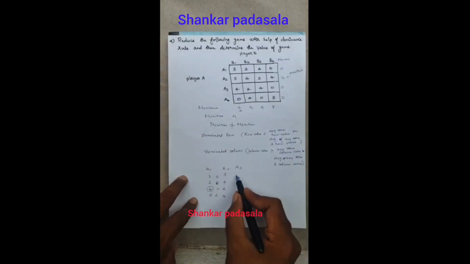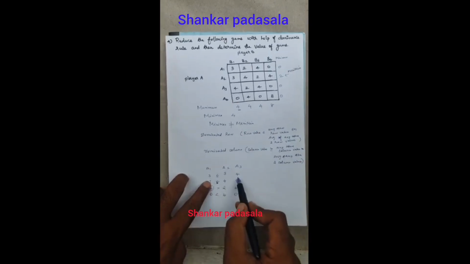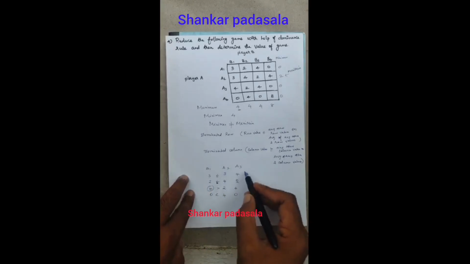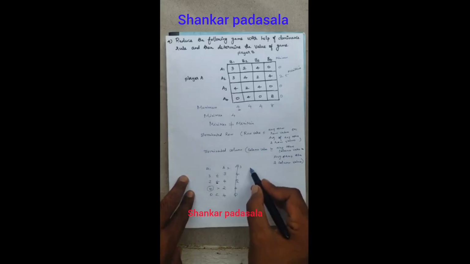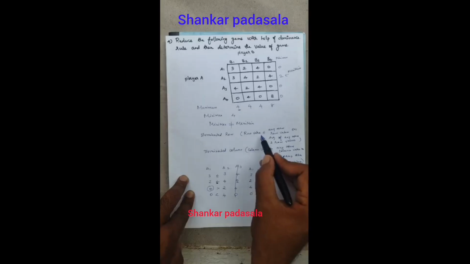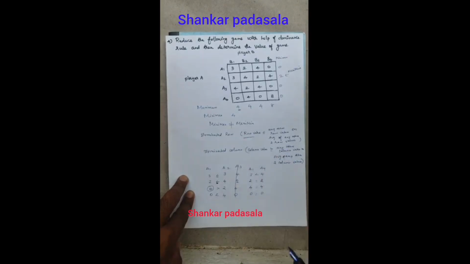The A3 values are 4, 2, 4, 0. Here 3 is lesser than 4. So I will write A1 and A3 next to each other: A1 values 3, 2, 4, 0 and A3 values 4, 2, 4, 0. 3 is lesser than 4, and 2 is equal to 2, 4 is equal to 4, and 0 is equal to 0. So all values are either less than or equal, and this comes under the rule of dominance.